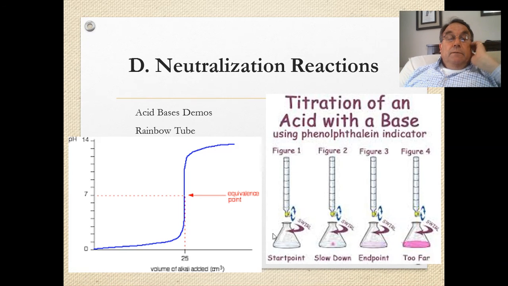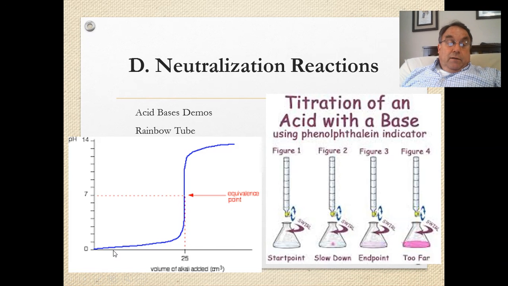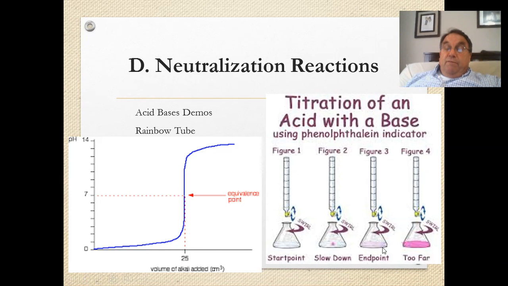That's titration. Now, when we're titrating, you can see that the pH doesn't change much. We can add a whole bunch and the pH doesn't change until just before we get to the endpoint. Once it starts to turn to a permanent pink, you have to slow way down, and then you'll see that the endpoint is a faint pink.